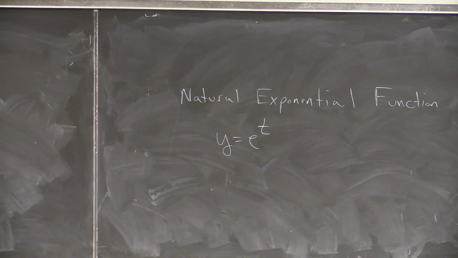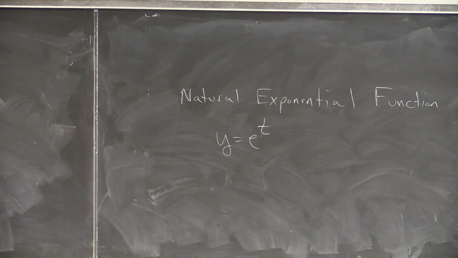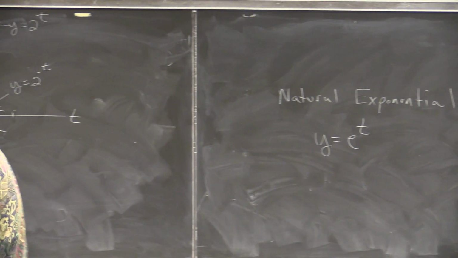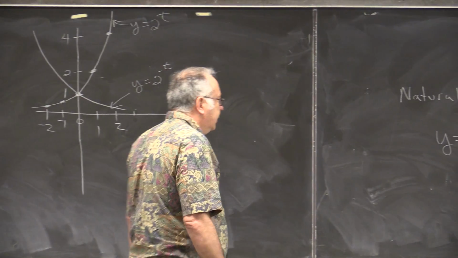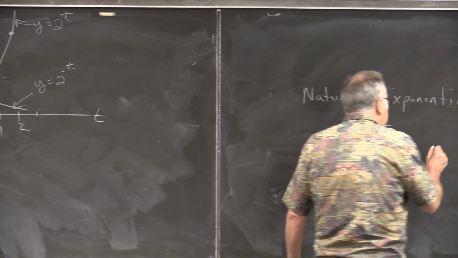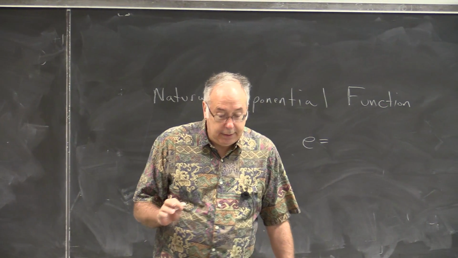And let's talk about this number e. Very fascinating number. You know, on first glance, there's nothing natural about this. But when you look at what e is, e is an irrational number.